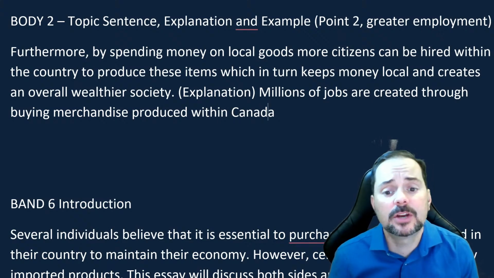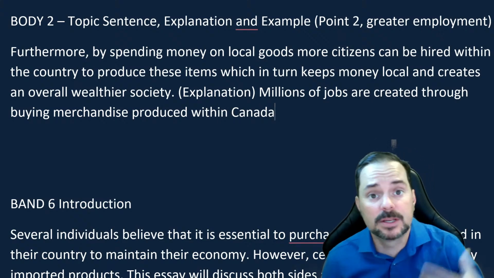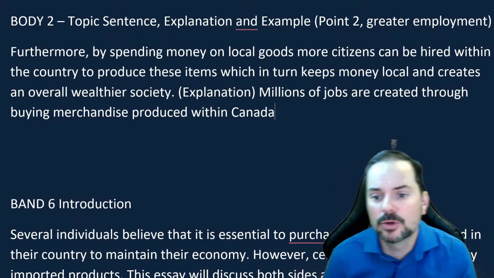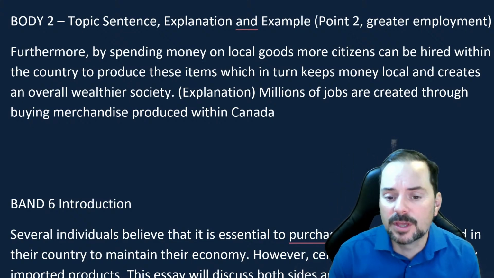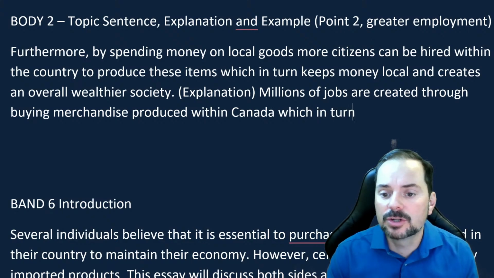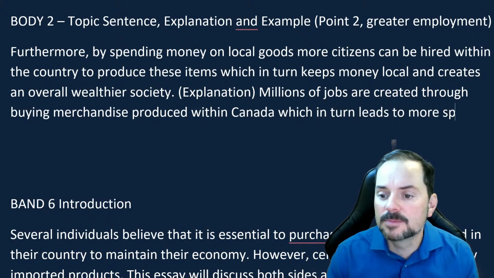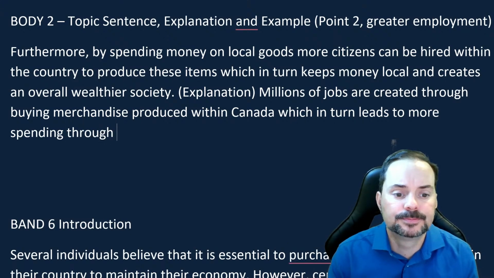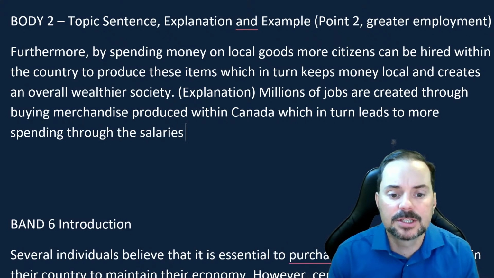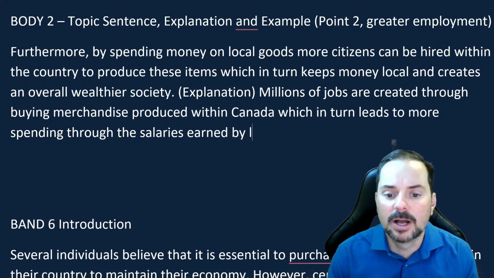And of course here I can introduce my country because I'm writing about my experience. So millions of jobs are created through buying merchandise produced within Canada, which in turn leads to more spending through the salaries earned by local workers.